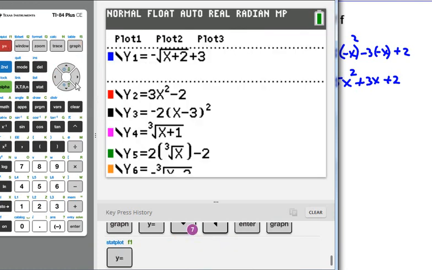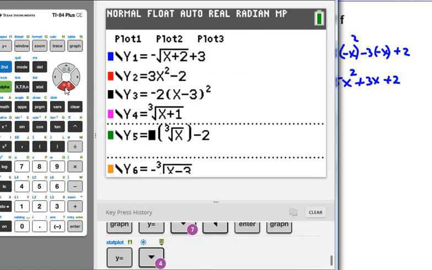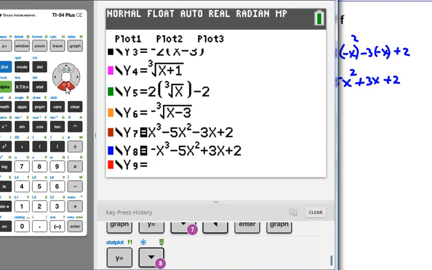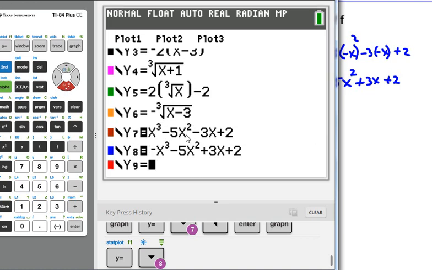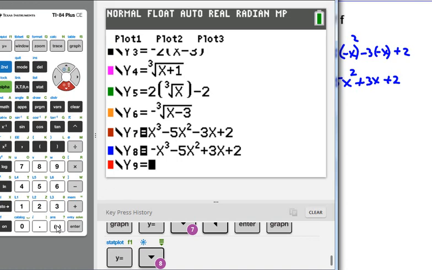And finally, I want to do a reflection about the x-axis, so I'm going to turn this red one up here to negative. Everything that's negative is going to be positive, and everything that's positive is going to be negative.